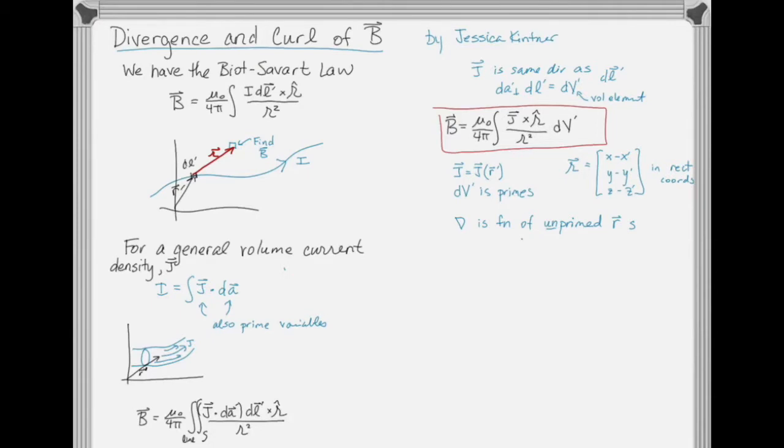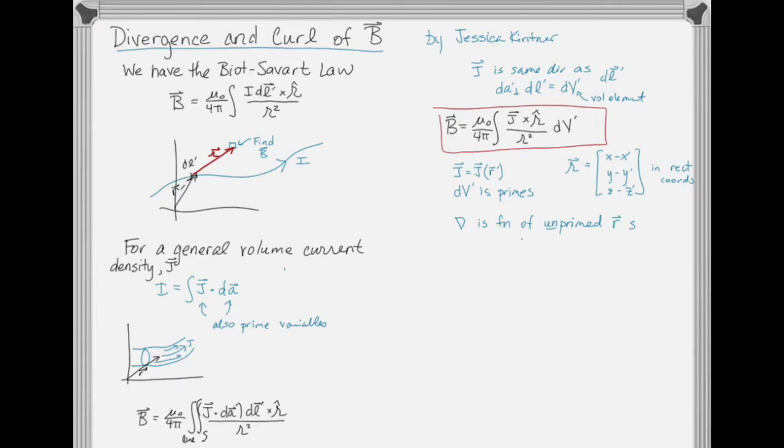Written in components, that's x minus x prime, y minus y prime, z minus z prime, in my favorite column vector notation. And one last thing: because today we're going to take the divergence and the curl, it's important that the del operator is in terms of the unprimed r's.